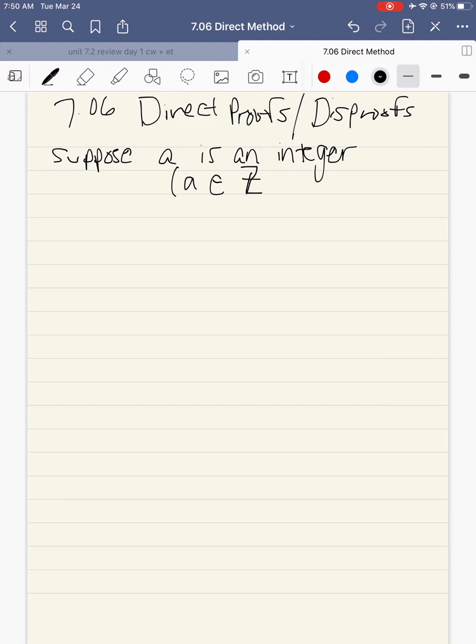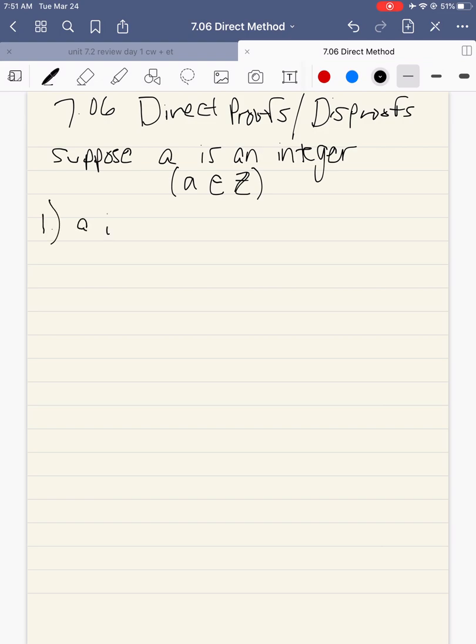I just write a Z and then put a slash in it, and then a double backbone to this Z. But either way you prefer to create it, that is known as the set of integers. From now on, instead of writing out the word integer, I'm just going to say element of the set of integers. So if you see this Z with a double backbone, that indicates that you are talking about an integer.